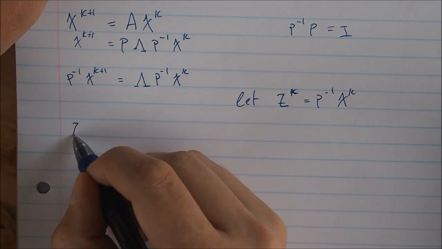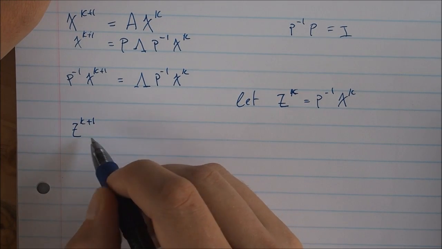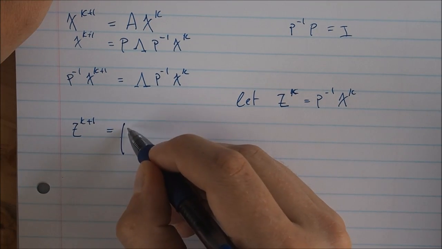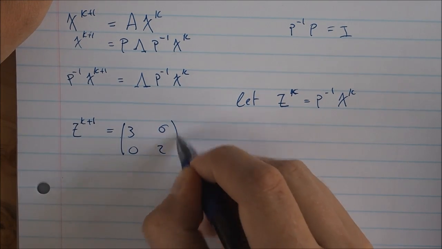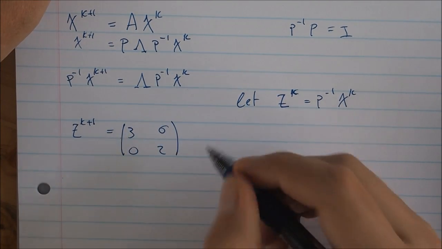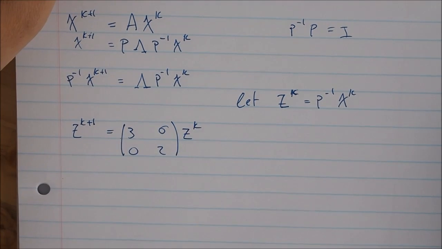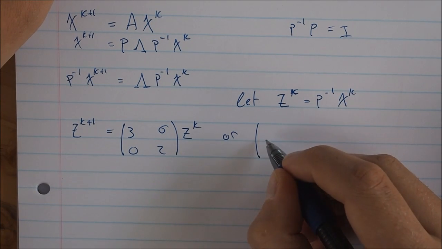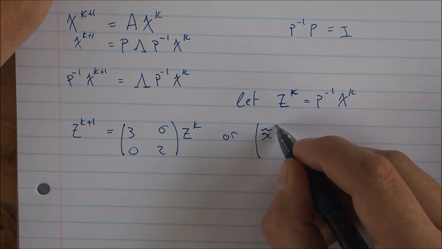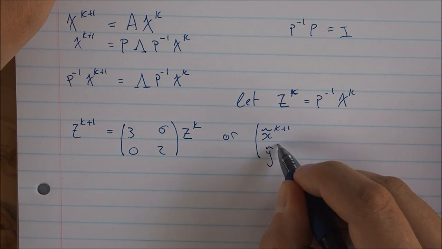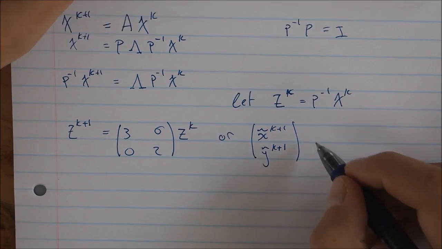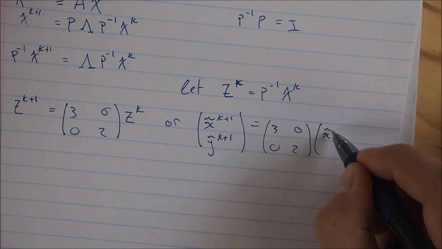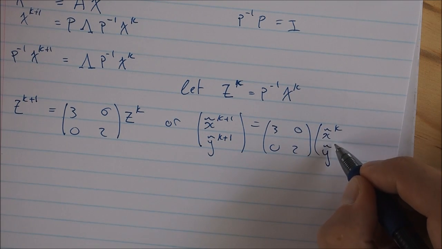And what I have is zk plus 1 on the left hand side equal to this matrix lambda, which I'll write out as 3, 0, 0, 2, which we know from before, times P inverse xk, which is just going to be zk. Or, being explicit, I can write this as x bar k plus 1, y bar k plus 1 equals 3, 0, 0, 2, times x bar k and y bar k.